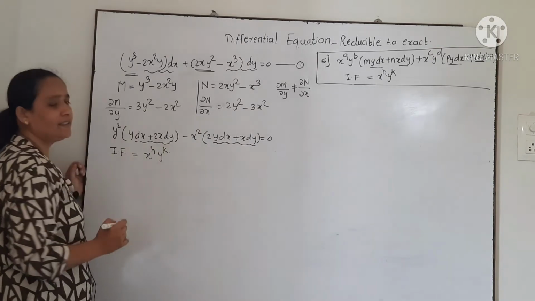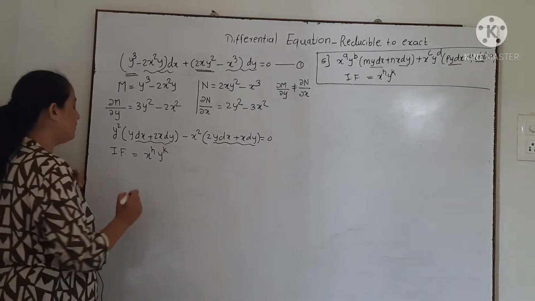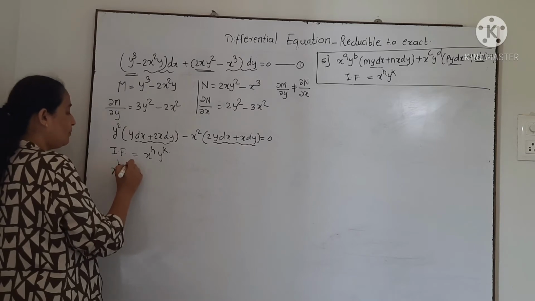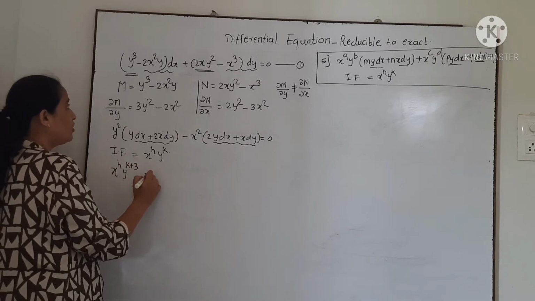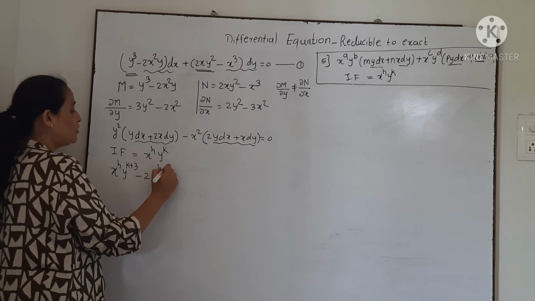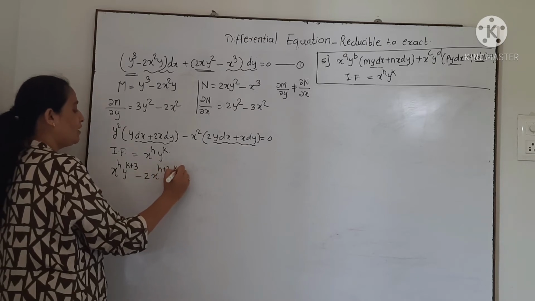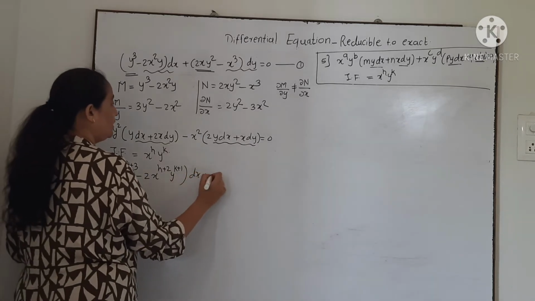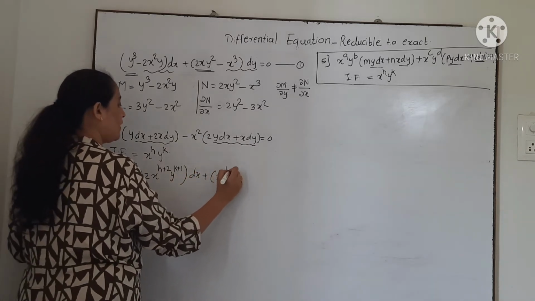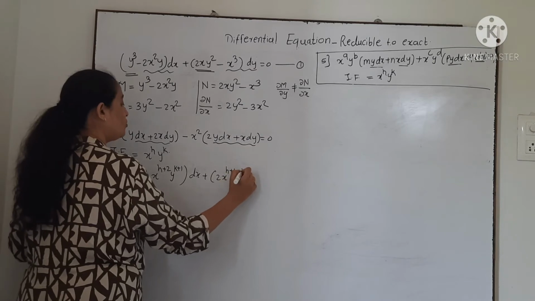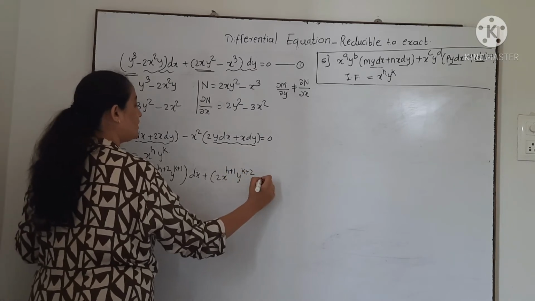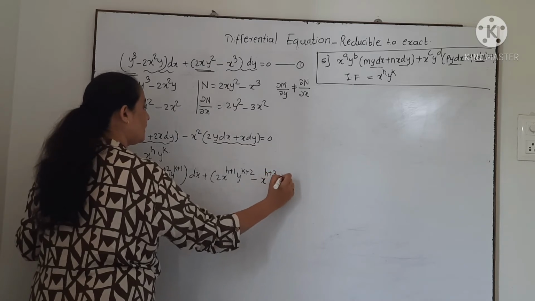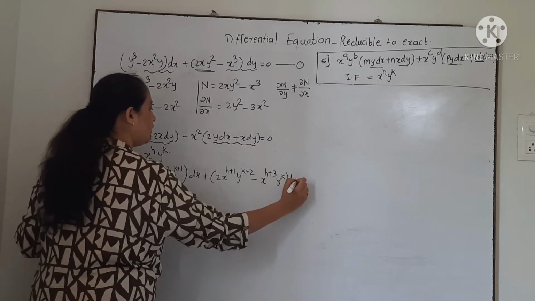We will multiply this integrating factor to equation 1. We get x raised to h, y raised to k plus 3 minus 2 x raised to h plus 2, y raised to k plus 1 dx plus 2 x raised to h plus 1 y raised to k plus 2 minus x raised to h plus 3 y raised to k dy equal to 0.